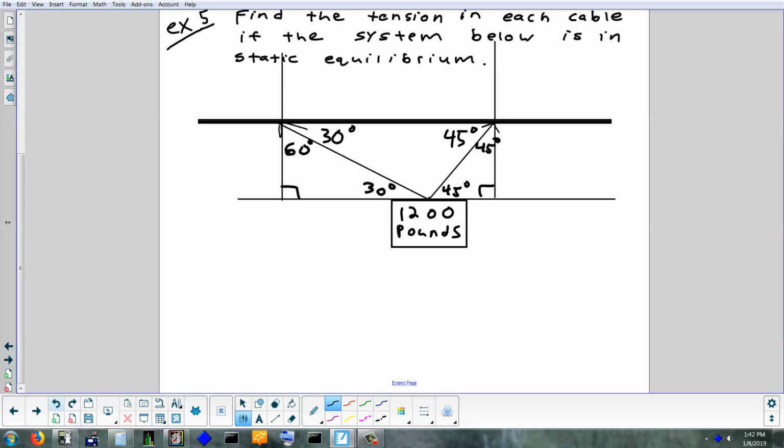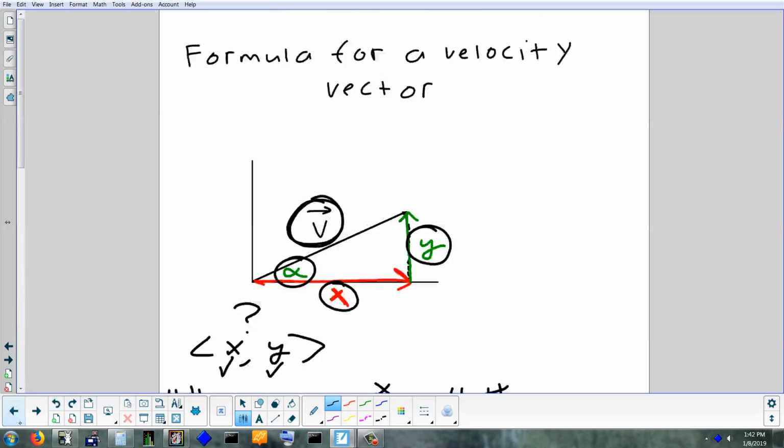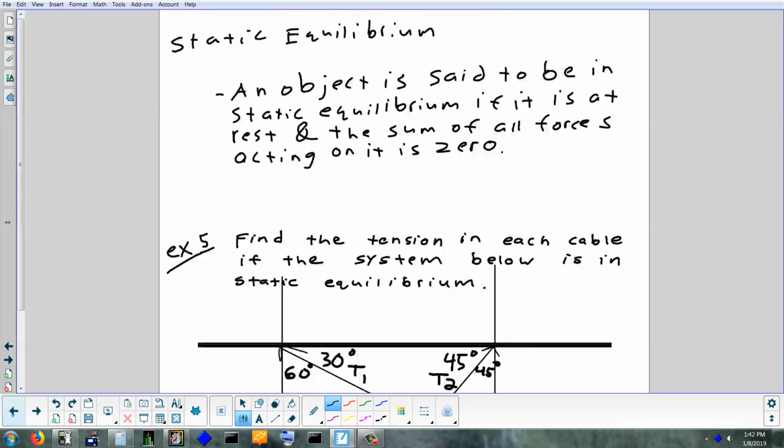Now, let's call this cable the tension in cable 1. I just want to have a name for it. And the tension in cable 2. Now, because I made triangles, I can do what I did right there. I can make those red and green arrows.